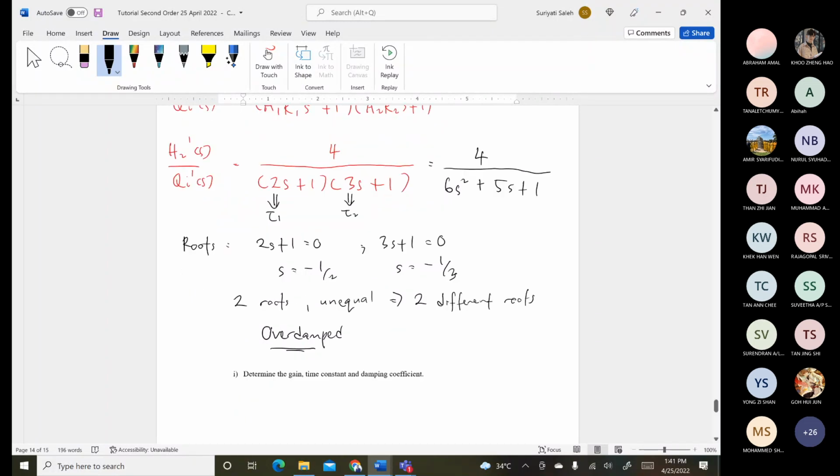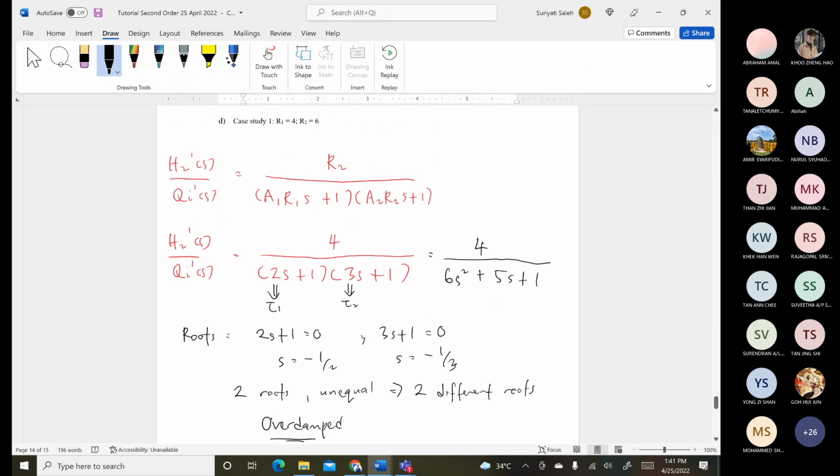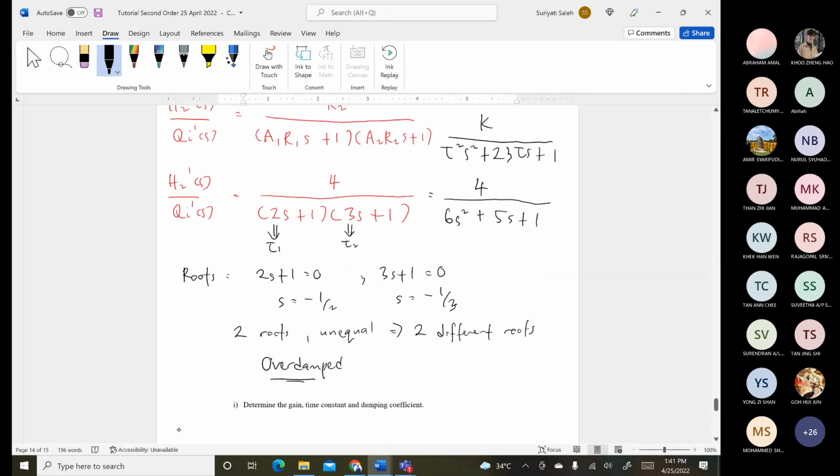Of course we know that the second order should be k over tau square s square plus 2 psi tau s plus 1. So we compare it directly, where k equal to 4, tau square equal to 6, 2 psi tau equal to 5.